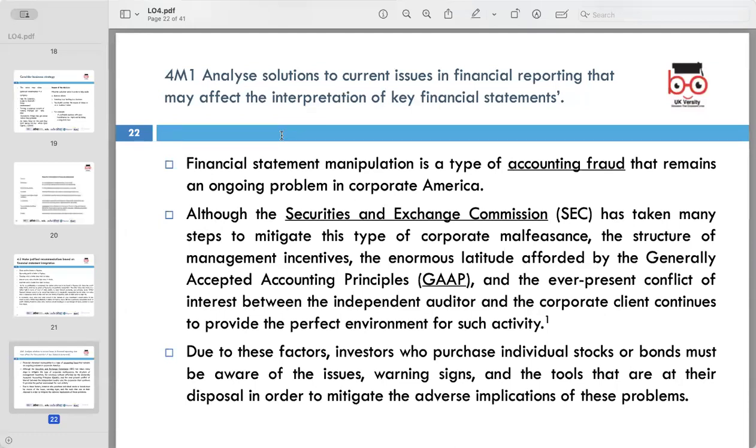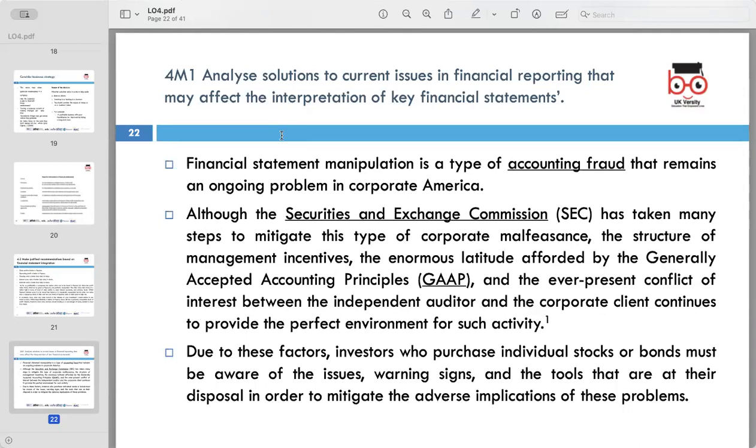Financial statement manipulation, a form of accounting fraud, remains a significant concern in corporate America, despite regulatory efforts to curb it. Inherent challenges lie in management incentives, the broad discretion permitted by accounting standards, and the potential conflicts of interest between auditors and their corporate clients.